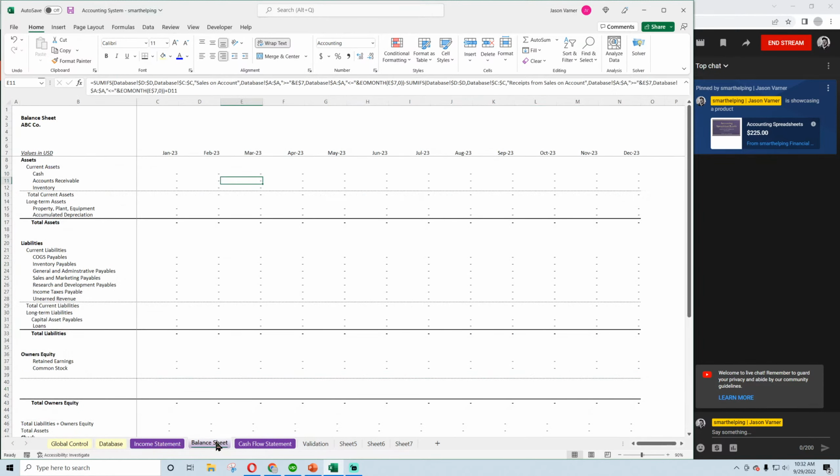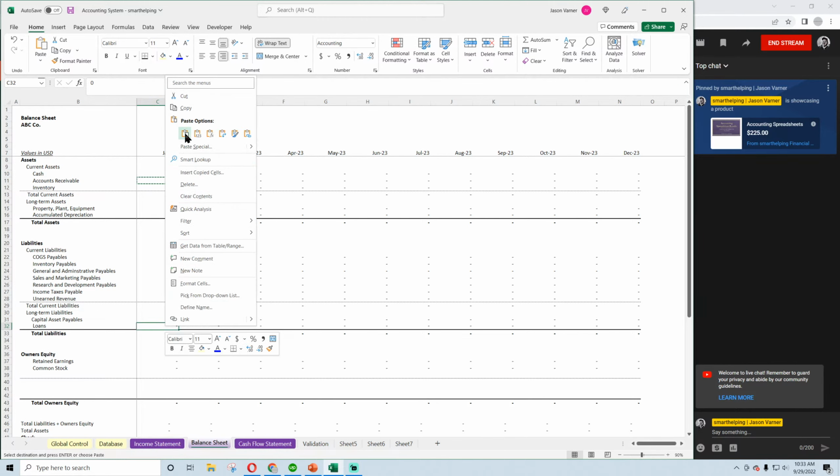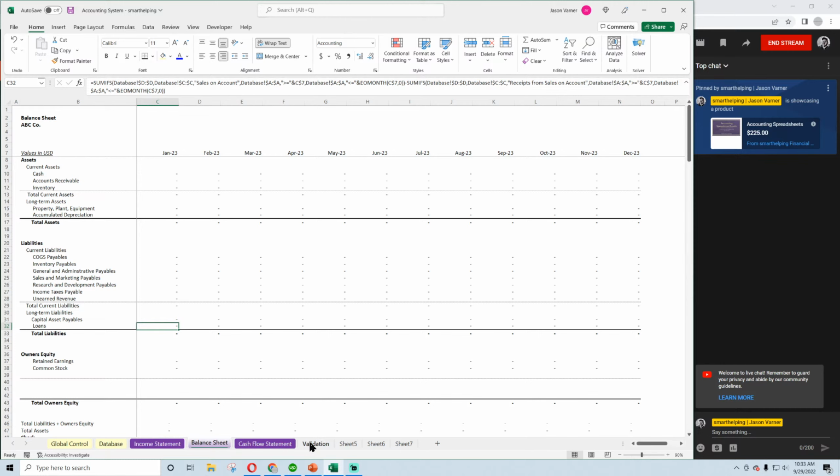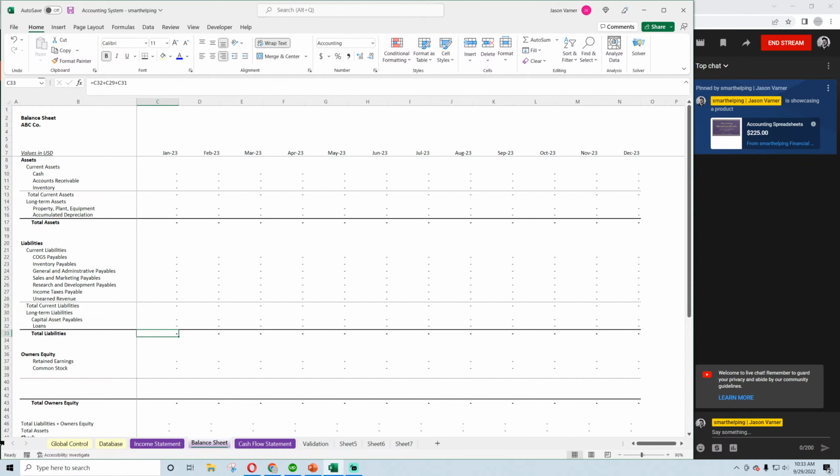We have the loan, which we're going to assume is a long-term liability. So in that case, we just need a regular sum if. And what we want to do is sum up anything that says loan proceeds. And then we're going to subtract out anything that says principal payment. Let's see, how did I label this?